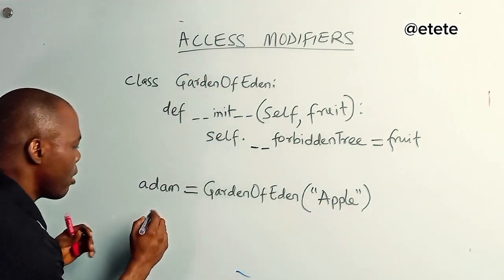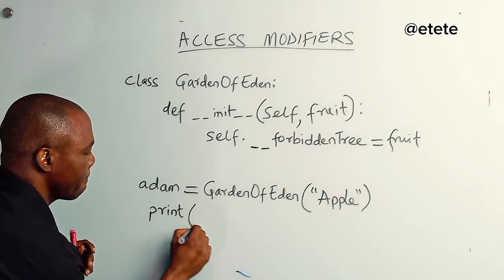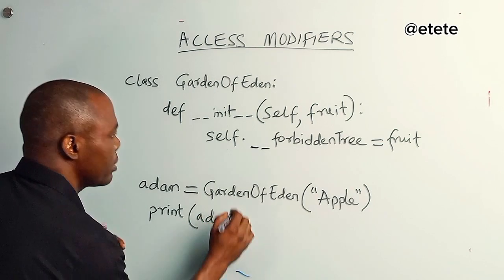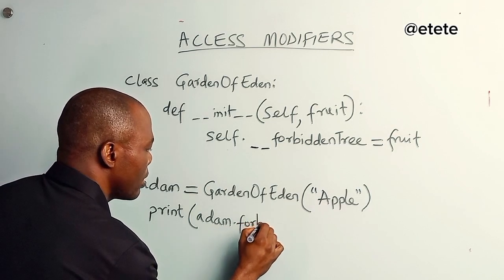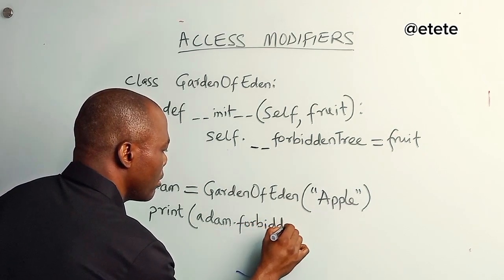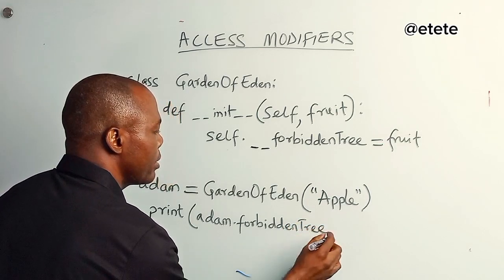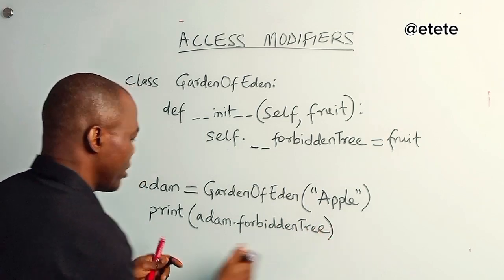Then I come here and I say print Adam dot, I want to access this, forbidden tree, right?